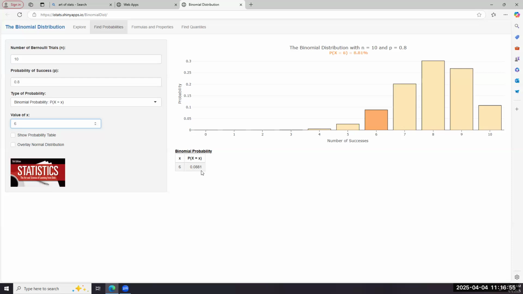This would be for P equal to 6. I go back, then I write the final answer for you. So the sample size, the probability of success, and the X. X is 6, and you are interested in case 1. So in case 1, you get 8.81%. So that would be part 1 of the problem.